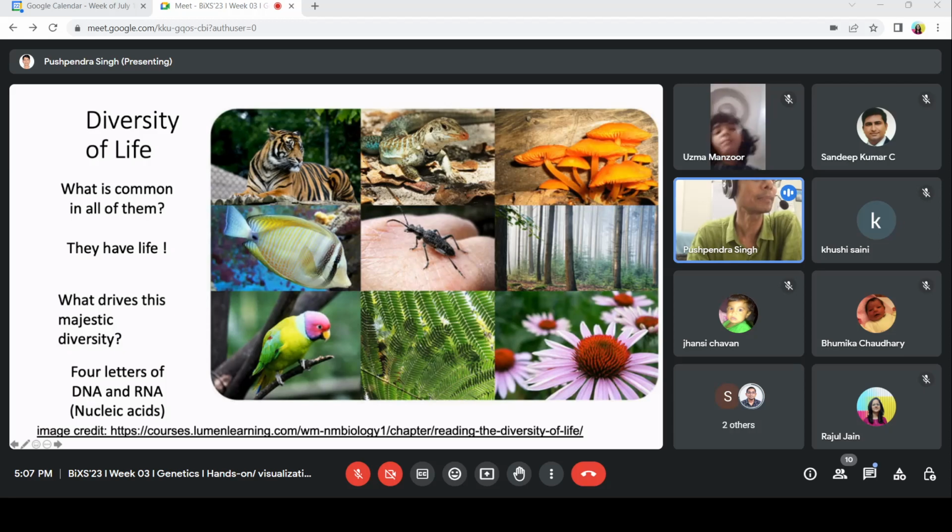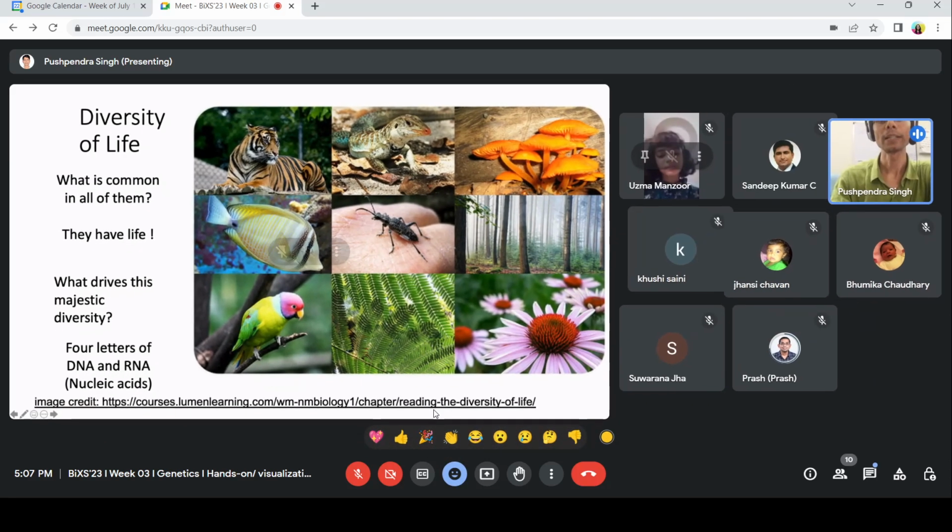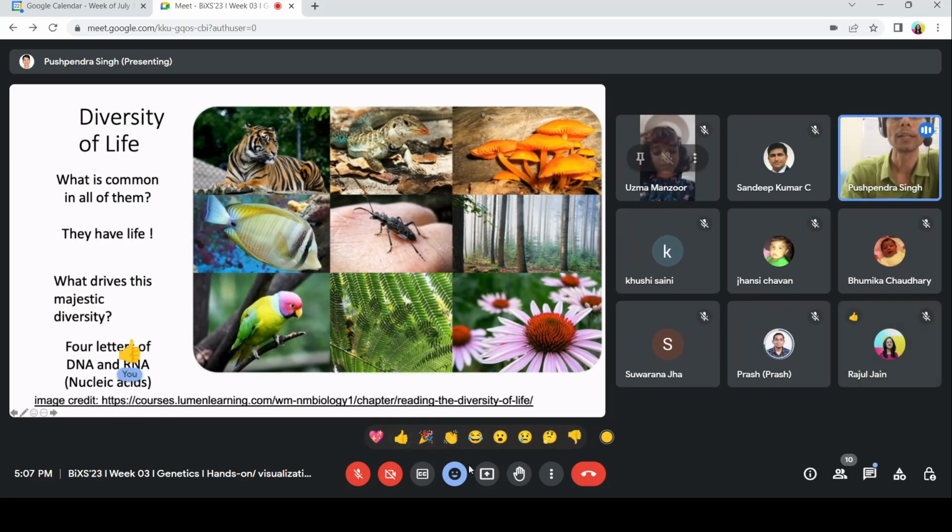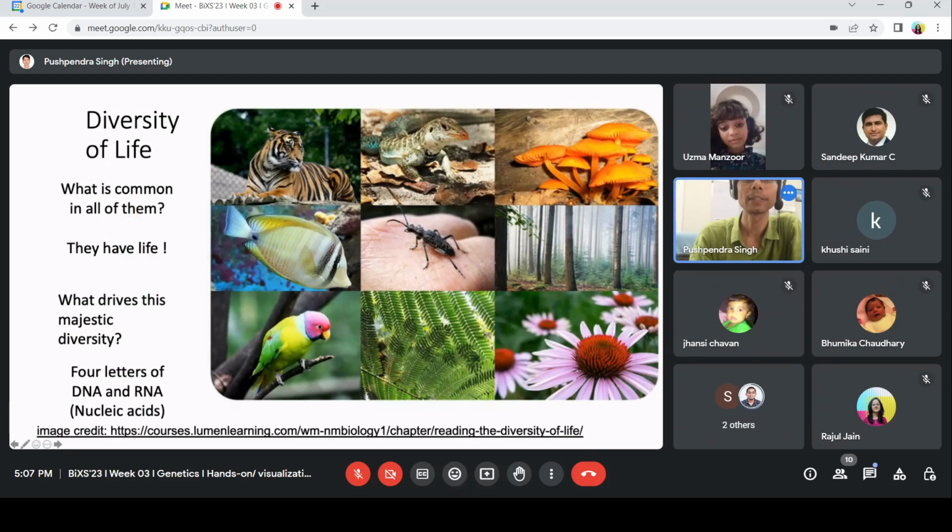If there is a concern, please write in the chat box, or Rajul can tell us. But this would basically be a mix of Hindi and English. So बरगद के उस छोटे से बीज को कैसे पता होता है कि उसको बरगद का पेड़ ही बनना है?